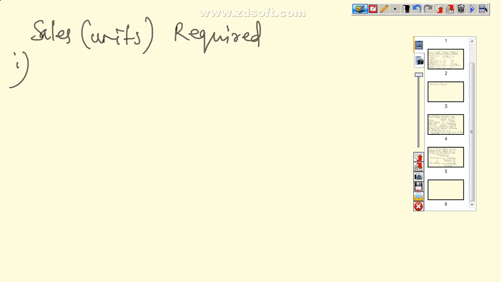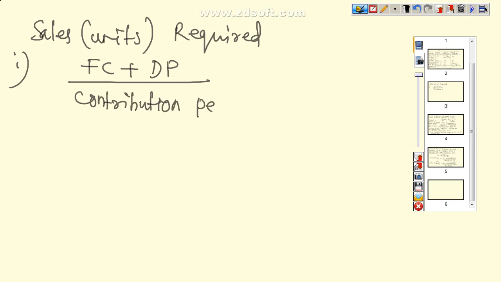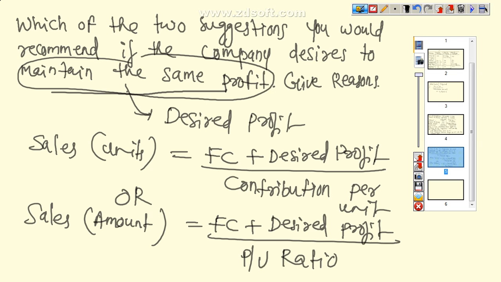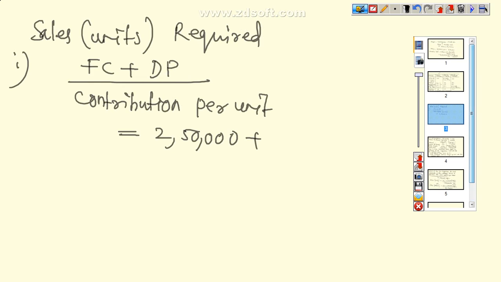So sales units required, according to condition 1, is fixed cost plus desired profit upon contribution per unit, that is equal to fixed cost given in the question 2,50,000 plus we have already calculated profit, that is 70,000.